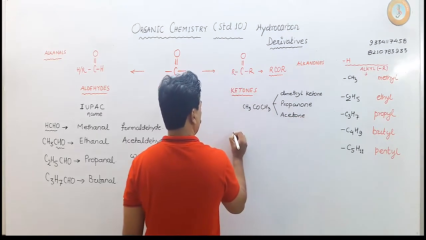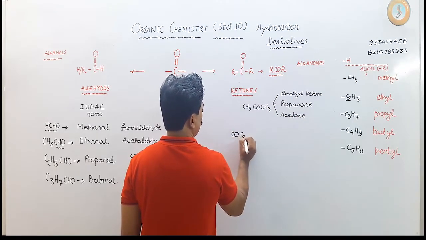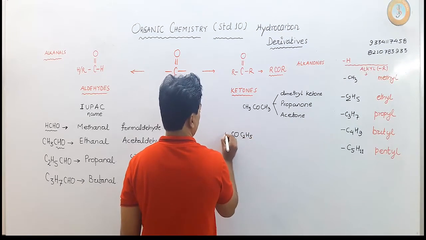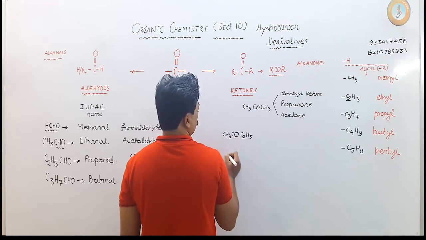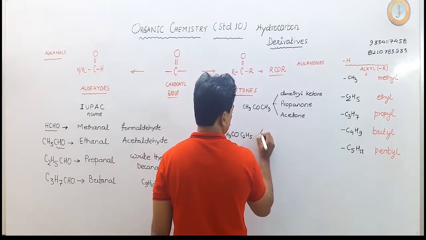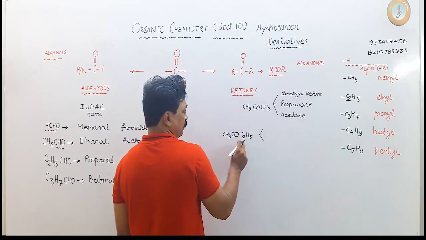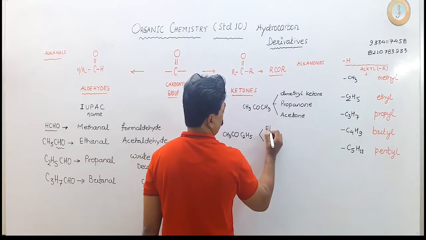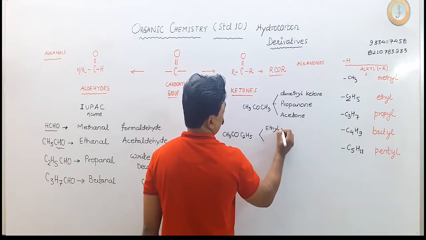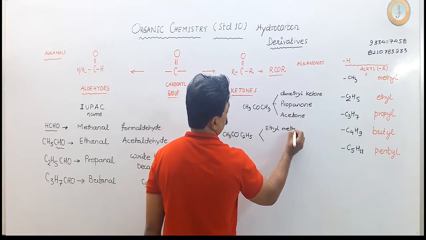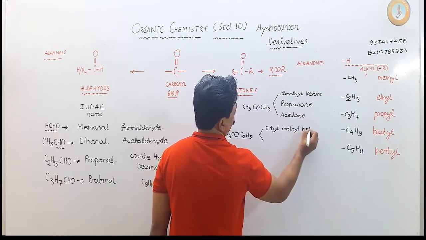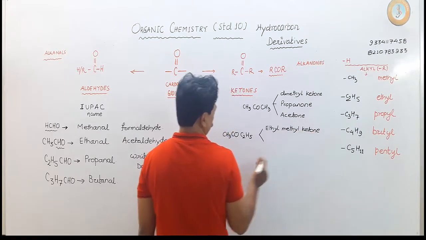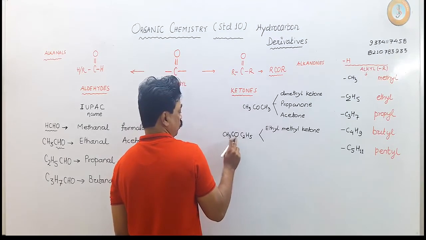So next I can put anything around it, C2H5, and on this side if I put CH3, its name will be methyl ethyl ketone or ethyl methyl ketone. So prefer the alphabetical order. So first write ethyl, then methyl, then ketone, then 1, 2, 1, 3, 1, 4.